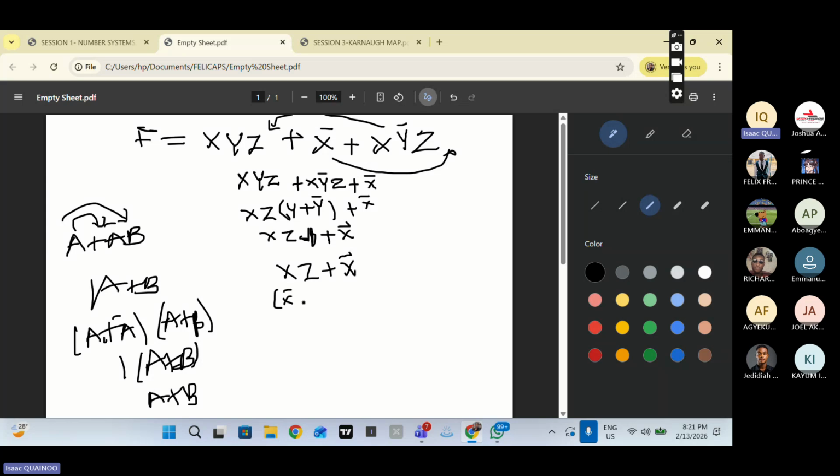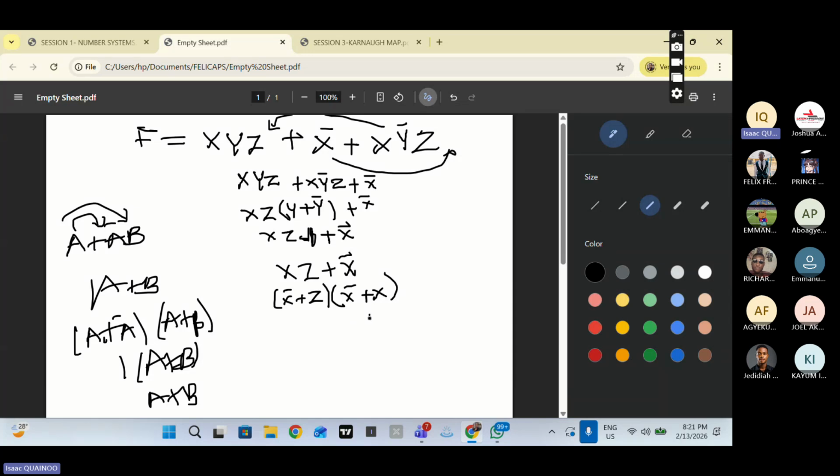x bar plus z, right? That is this x bar plus z. And then this x bar plus x. So if we have this, x bar plus x satisfies the A plus A bar rule, right?